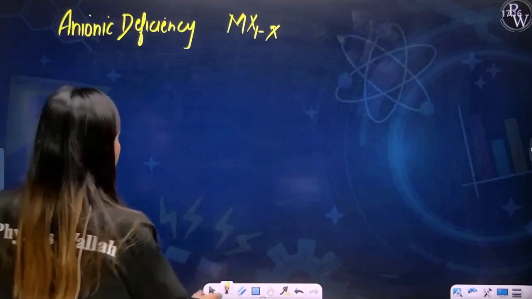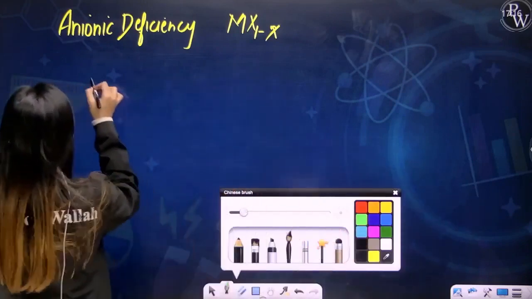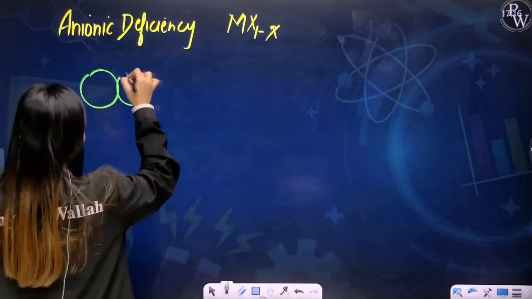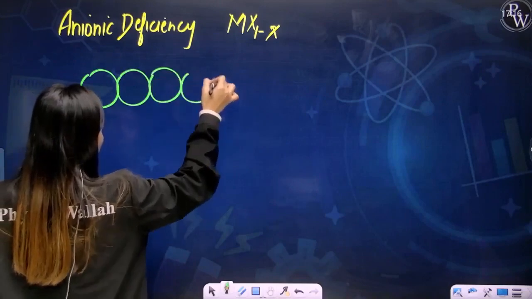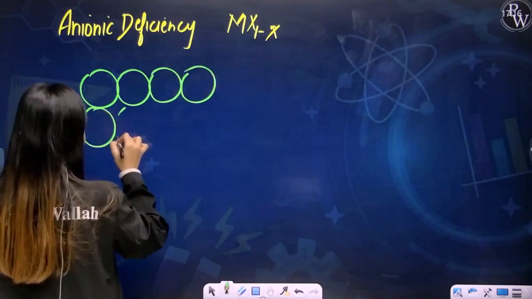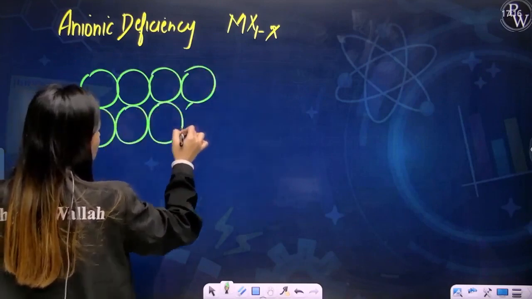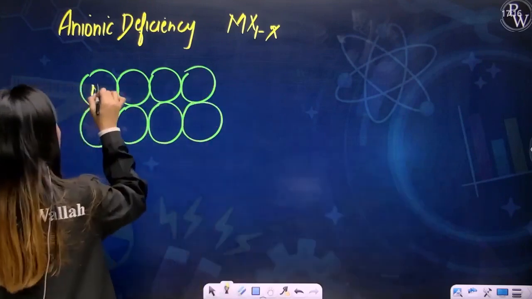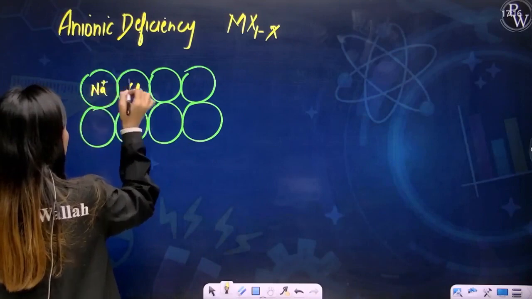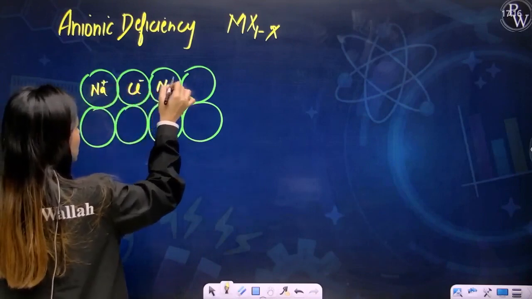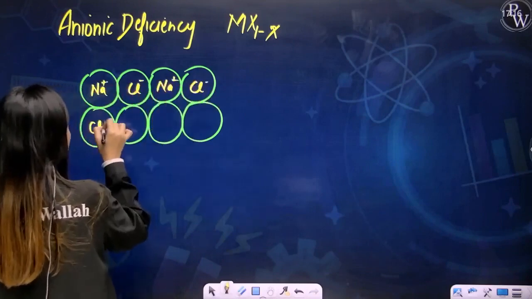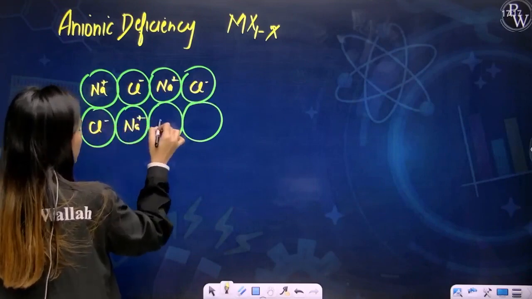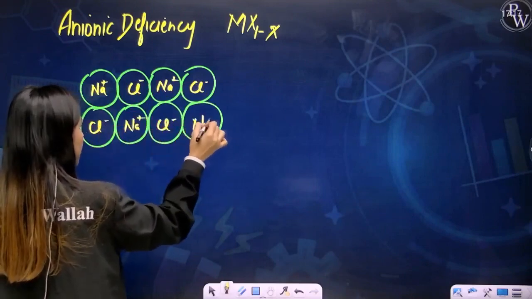Okay, let's say you have a solid, and the solid is NaCl. So you have Na plus, you have Cl minus, you have Cl minus, Na plus, and you have Cl minus, and you have Na plus.